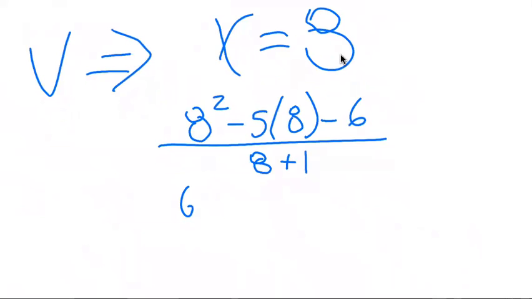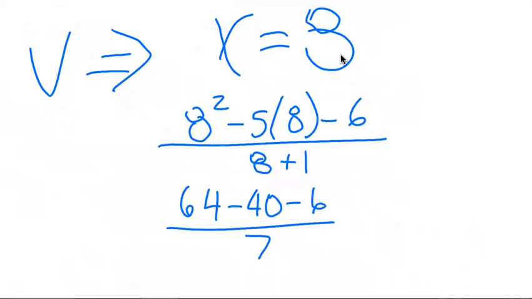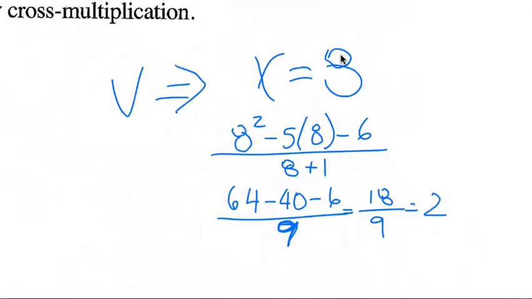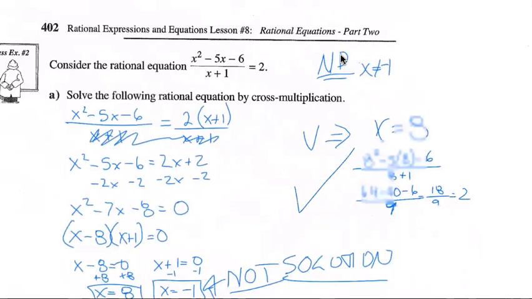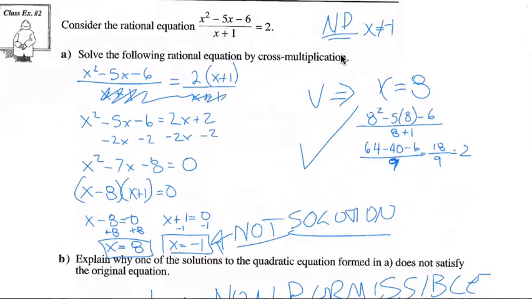This is 64 minus 40 minus 6 all over 8 plus 1, that's 9. 64 minus 40 minus 6 is 18. All over 9 is equal to 2. So this is verified. Okay. So sometimes our solutions that we calculate are part of our non-permissible values. We eliminate them from the solution set then.